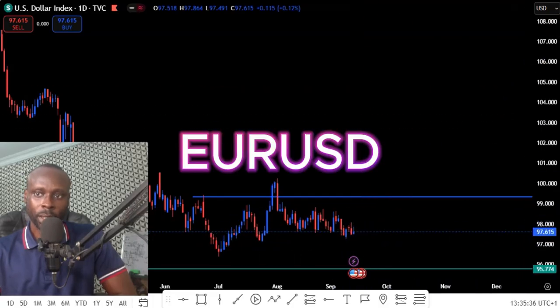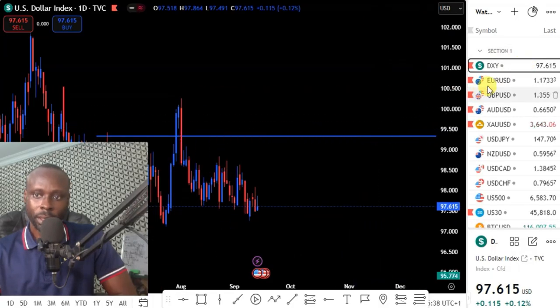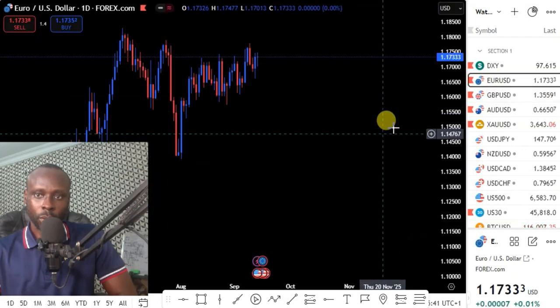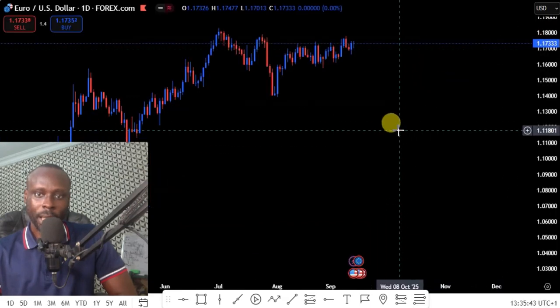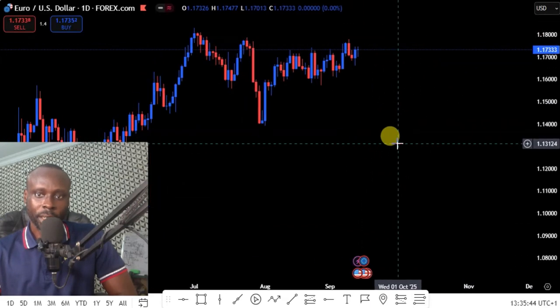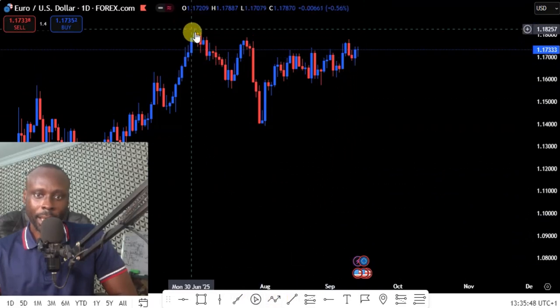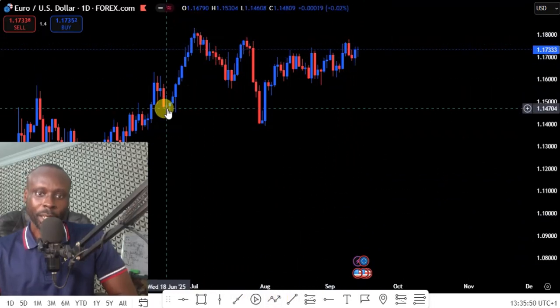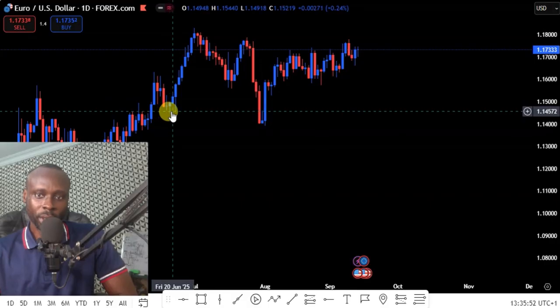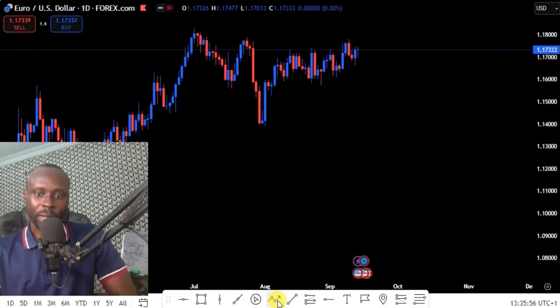So let's look at the Euro USD. The Euro USD on my daily chart has the same structure. We have price create a higher high, lower high, then price broke this higher low, which indicates a shift in trend to a downtrend.